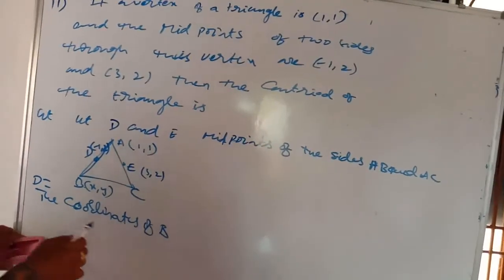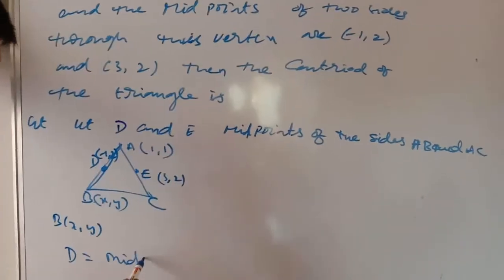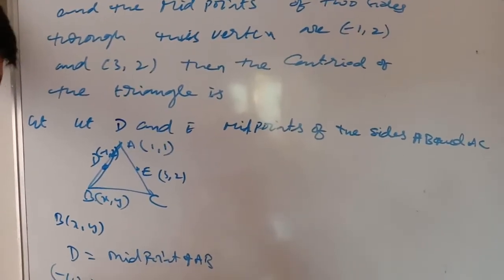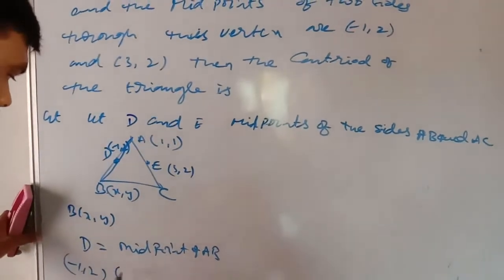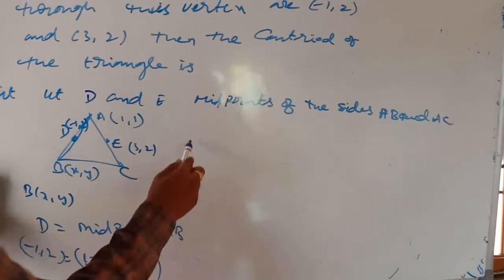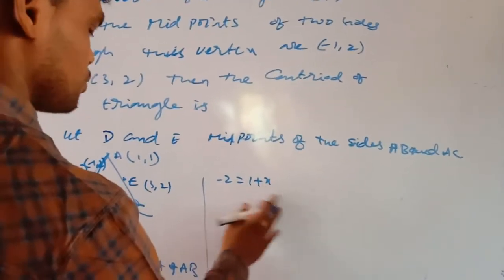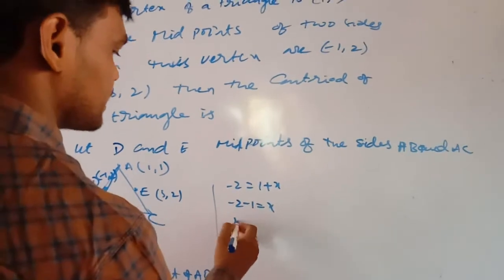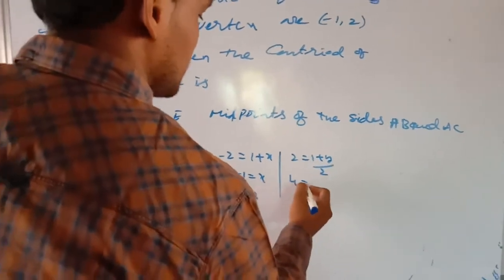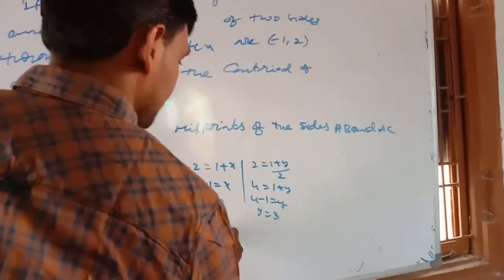So (−1, 2) = ((1 + x)/2, (1 + y)/2). Now −2 = (1 + x)/2, so −4 = 1 + x, and −4 − 1 gives x = −5... that is, −2 − 1 = x, x = −3. And 2 = (1 + y)/2, so 4 = 1 + y, 4 − 1 = y, y = 3. Now the B coordinate is (−3, 3).